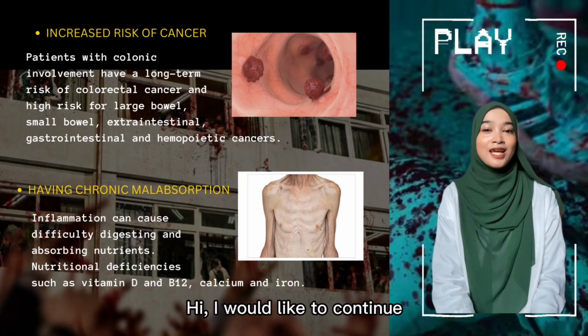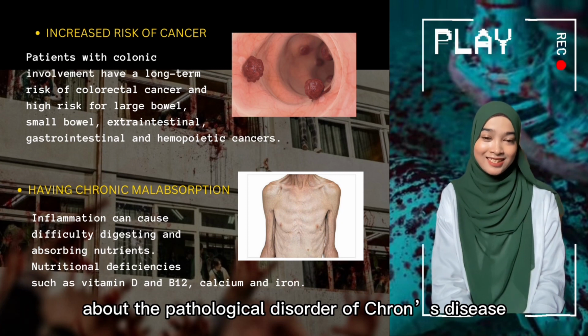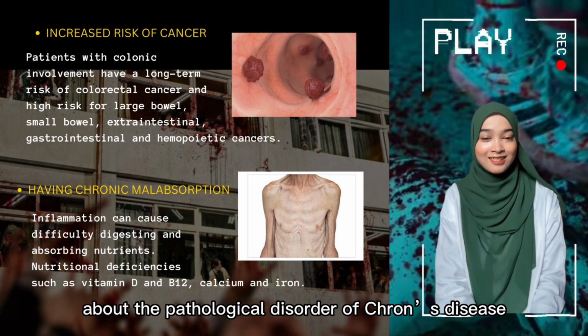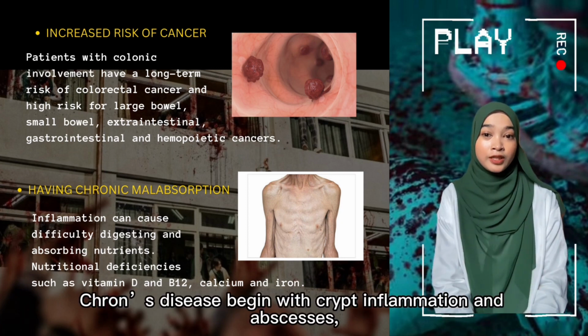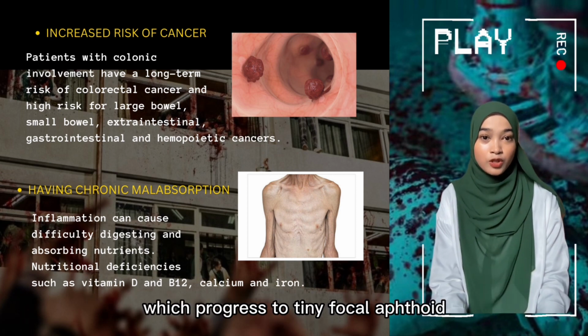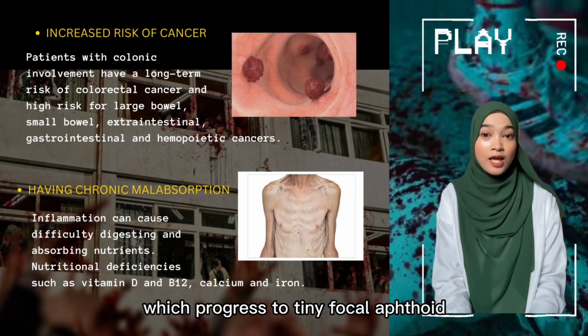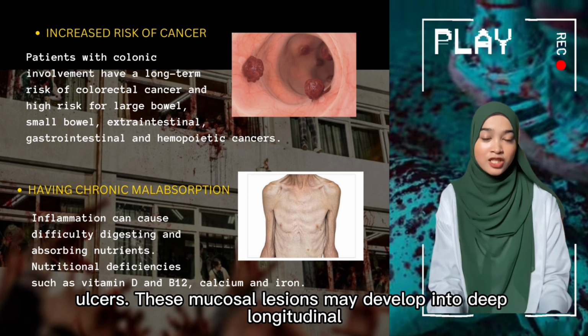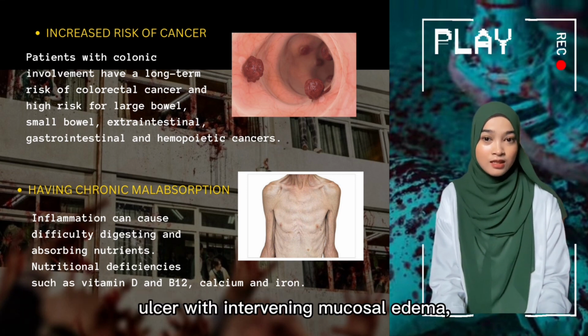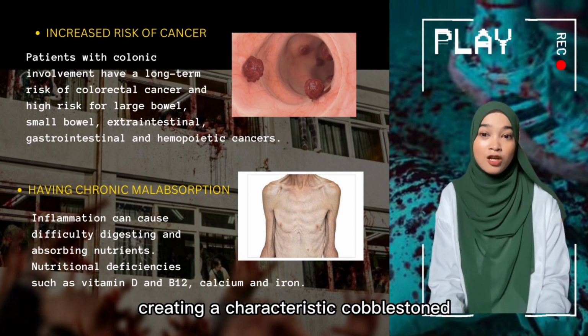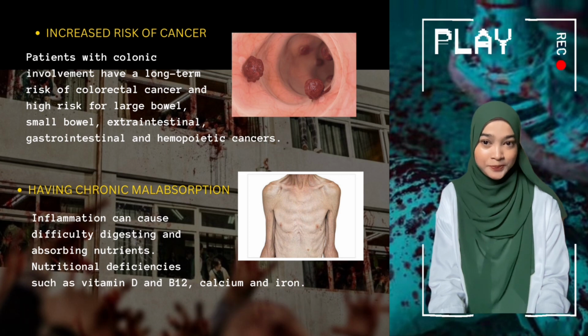Hi, I would like to continue about the pathological disorder of Crohn's disease. Crohn's disease begins with crypt inflammation and abscesses, which progress to tiny focal ulcers. This mucosal lesion may develop into longitudinal and transverse ulcers with intervening mucosal edema, creating a characteristic cobblestone appearance to the bowel.